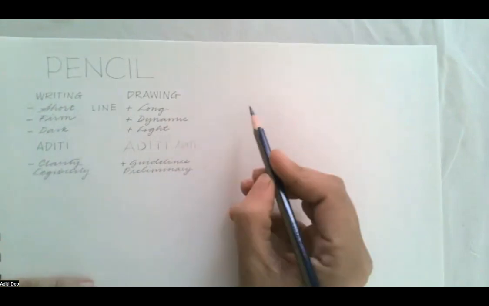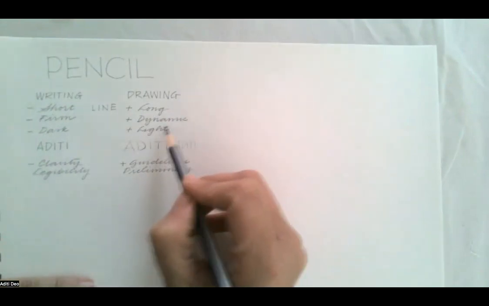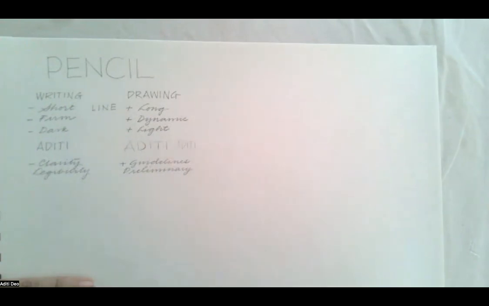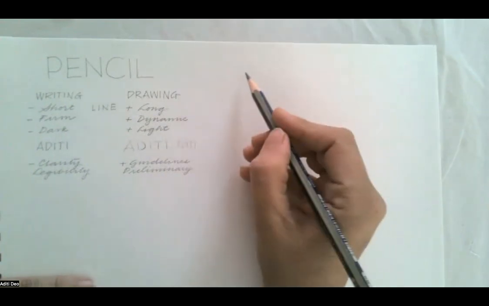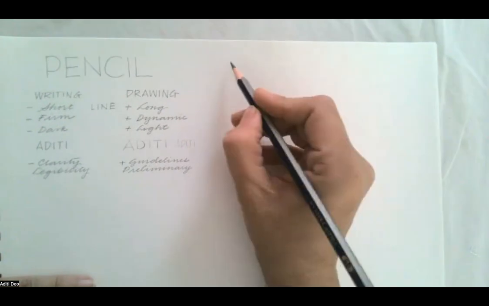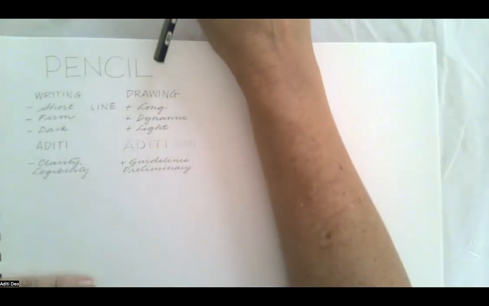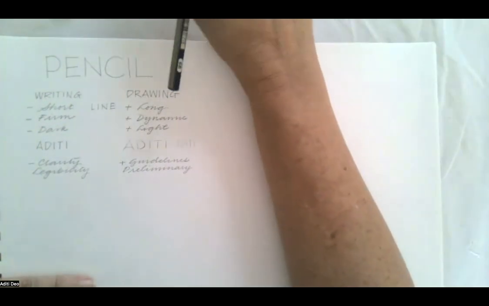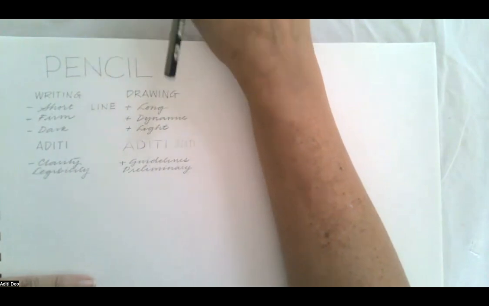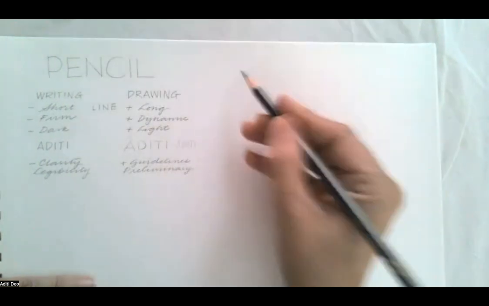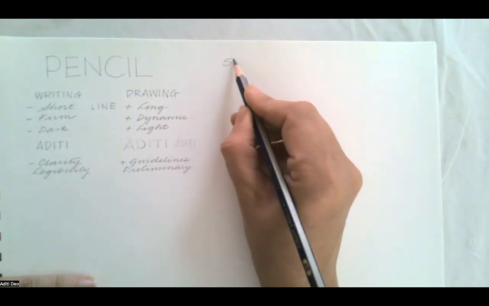Like we said, we make dark as well as light lines in drawing. We are going to study the range of our pencil. So how does one do that? We are going to explore shading techniques.